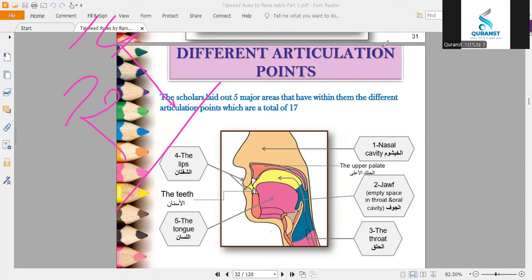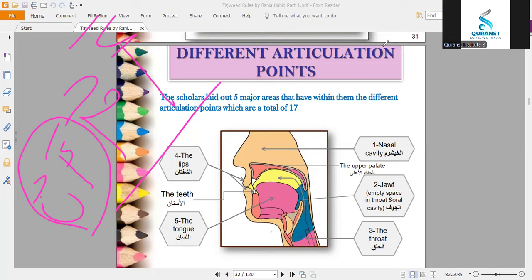Am, am, am. This is the sound of al-ghunna. The same thing if we find an, with sukoon also. An, an. This is the sound of al-ghunna during making the noon sound.